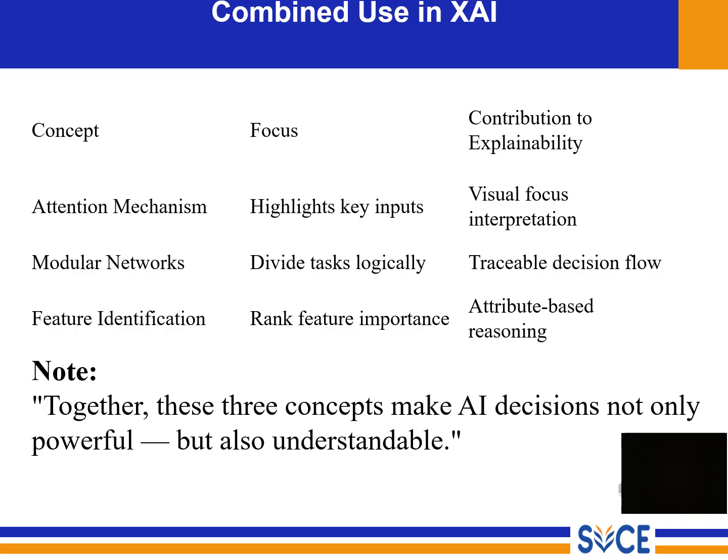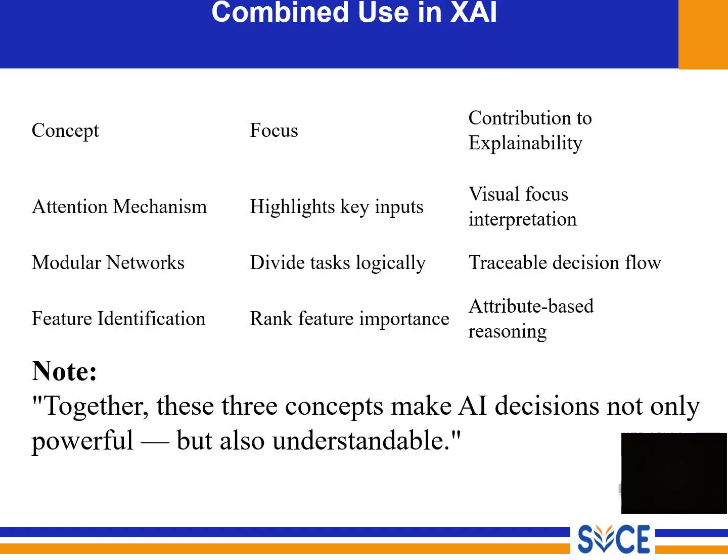The first one is attention mechanism. So where does the model look? In deep learning, especially in transformers and vision models, attention tells us which part of the input was important. If the model is classifying an image of a dog, the attention map shows it was actually focusing on the dog's face or ears, not the background.